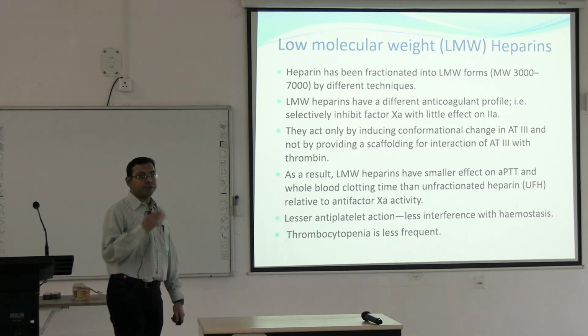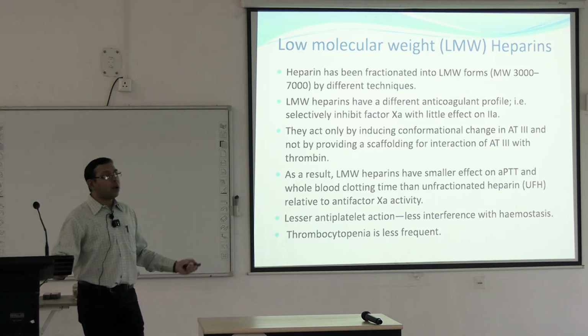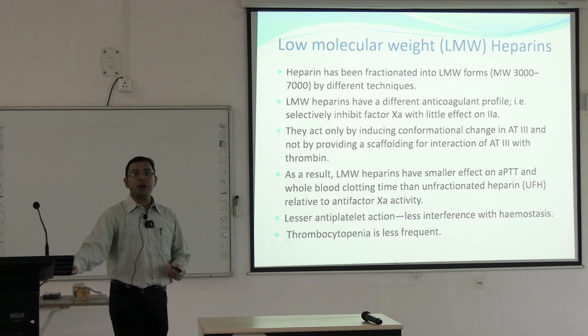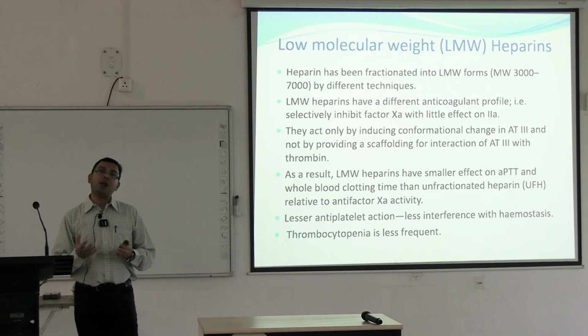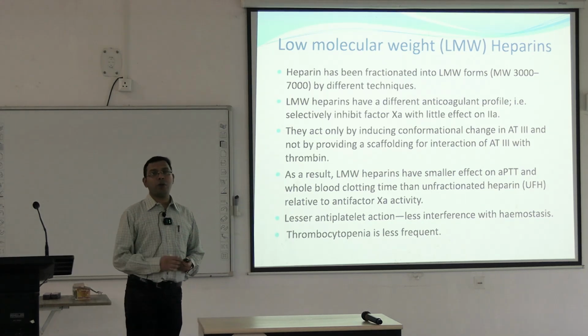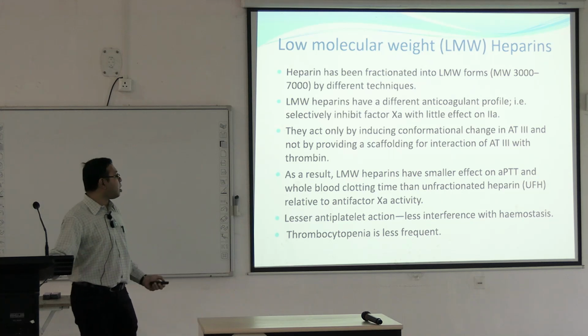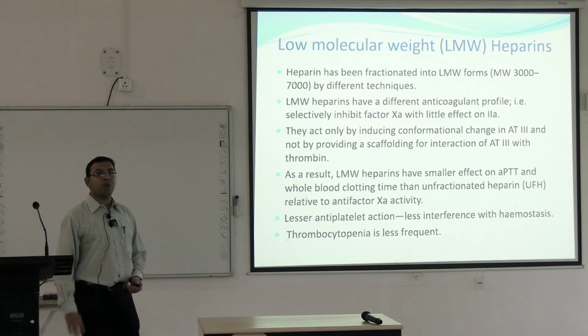Since there is a lesser effect on the APTT and the prothrombin time, the adverse effects are also less with low molecular weight heparin than with unfractionated heparin. They have lesser antiplatelet action, less interference with hemostasis, and thrombocytopenia is less frequent.